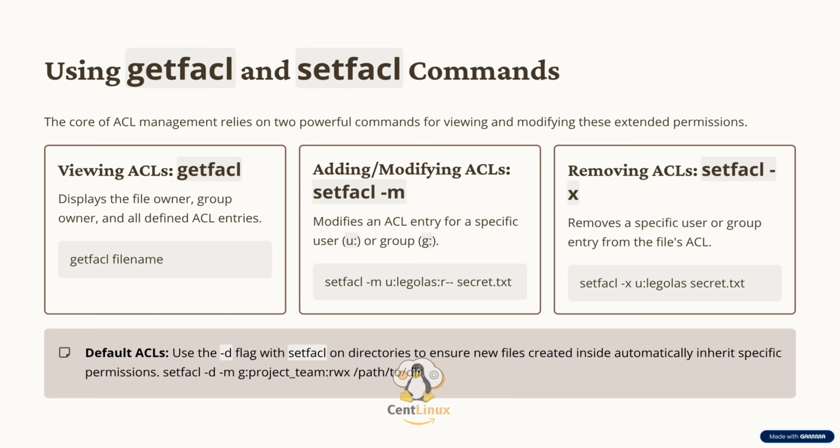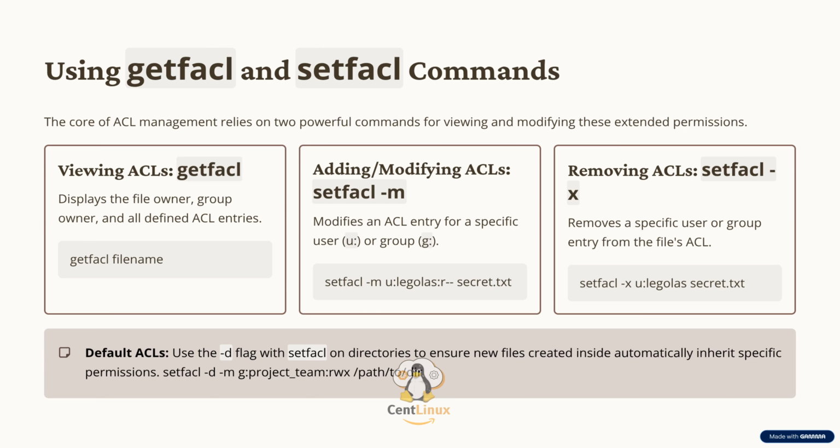ACL management revolves around two commands. getfacl displays the ACL entries of a file or directory. Example, getfacl filename. It shows the owner, the group, and all ACL entries. setfacl -m is used to add or modify ACL entries.